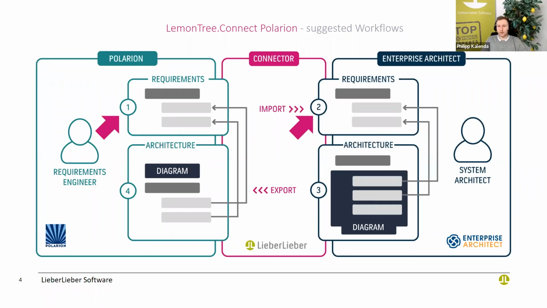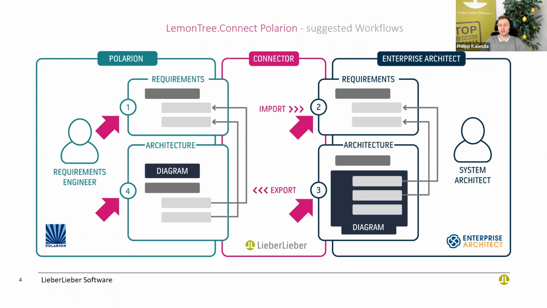And when we have defined the traceability, this is exported to Polarion, because we not only want to see the link between architecture and requirements in Enterprise Architect, we also want to see this in Polarion. So then at the end, we have in both tools the information where requirements and architectures is linked.